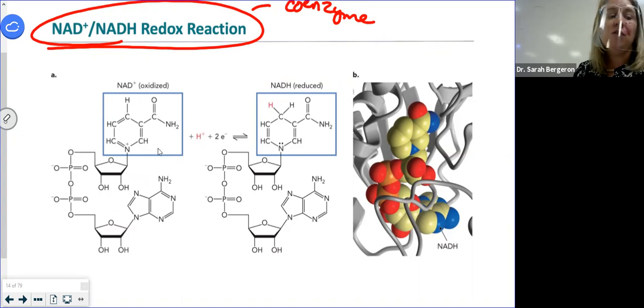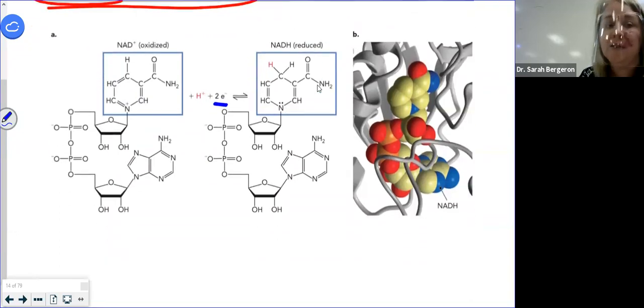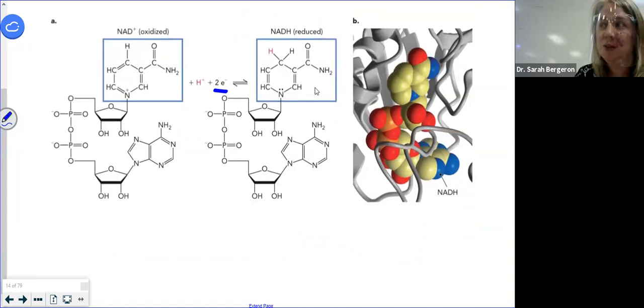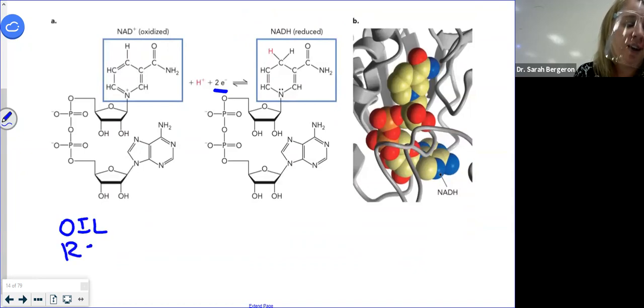So what this can do is actually pick up electrons, right? And that is all about oxidation reduction reactions. All they do is pass along electrons. And we're going to see that a lot in the electron transport chain. And so what you can see is the NAD+ is actually going to pick up on the nitrogen right there those two electrons. So we go from the oxidized state to the reduced state. So you remember your oxidation reduction rules? What's your little mnemonic? Do y'all do that here? Oil rig. Down here, we better do oil rig, right?